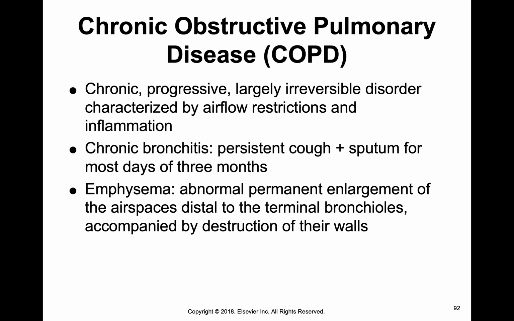There are two types really. Chronic bronchitis is a persistent cough plus positive sputum production for most days of the week out of 3 months. And then there's emphysema, which is an abnormal permanent enlargement of the air spaces distal to the terminal bronchioles, accompanied by destruction of alveolar walls.